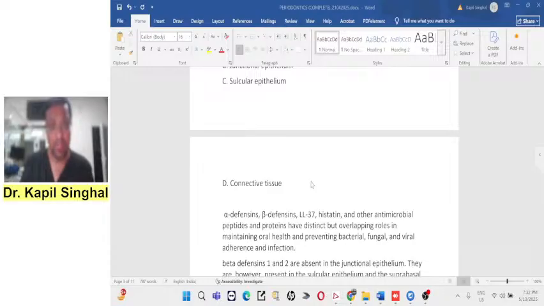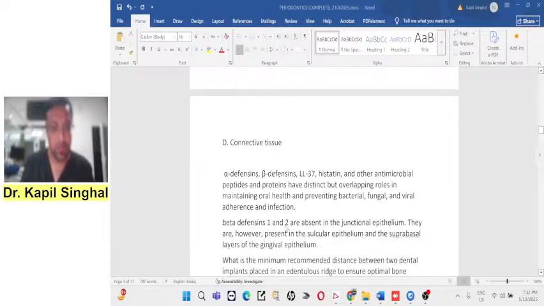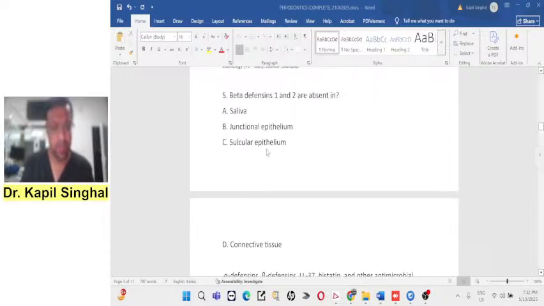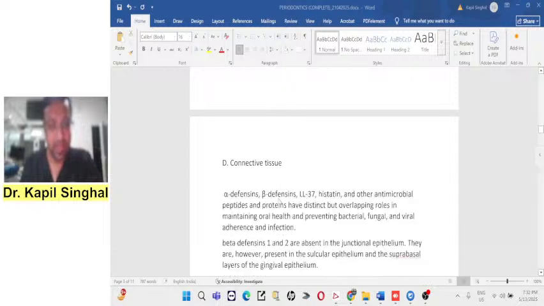Beta defensins 1 and 2 are present in a lot of places in the oral cavity, but they are absent in junctional epithelium. Out of all these options, it is present in saliva, sulcular epithelium, and connective tissue, but absent in junctional epithelium. So the answer here would be B, junctional epithelium.